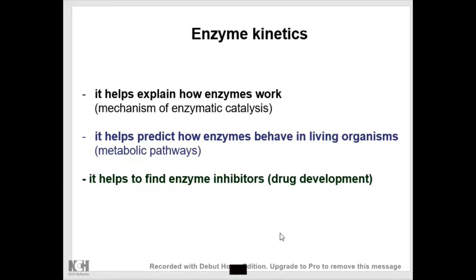It also helps to predict how enzymes behave in living organisms, and which has some medically relevant significance. And of course, in drug development, enzyme inhibitors are used for inhibition of enzymes. And of course, we need to know how much an enzyme is inhibited by this or that drug.